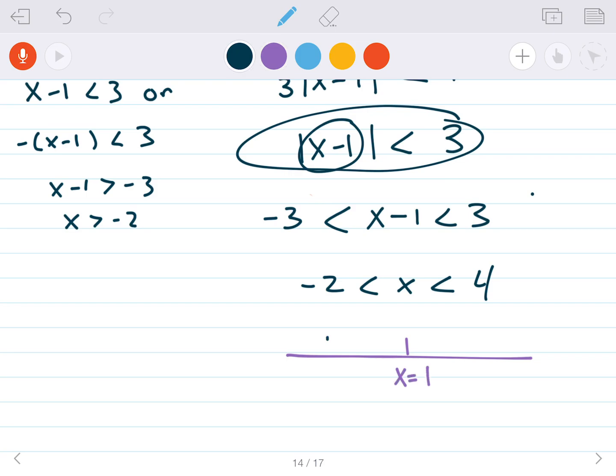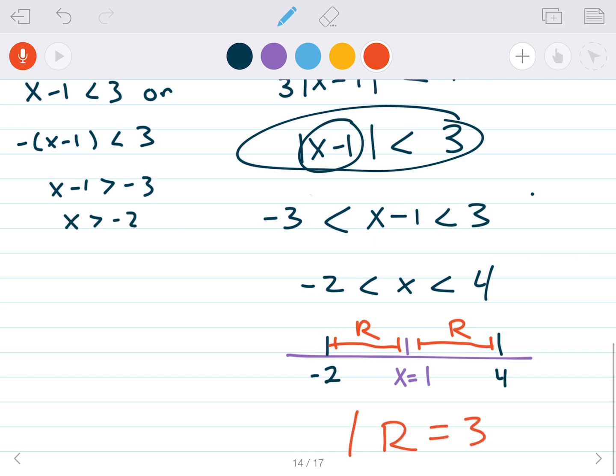Then here's my endpoint, negative 2, and here's my endpoint, 4. The question is, what is my radius? The distance from the center to either endpoint. How far is that? It's going to be 3. So our radius is equal to 3.